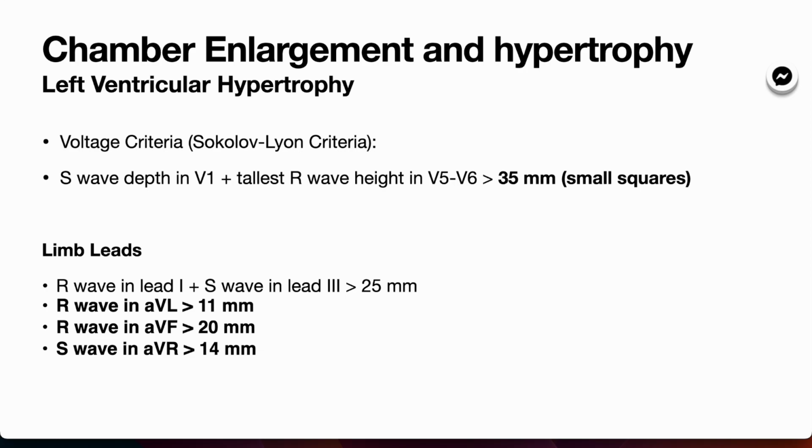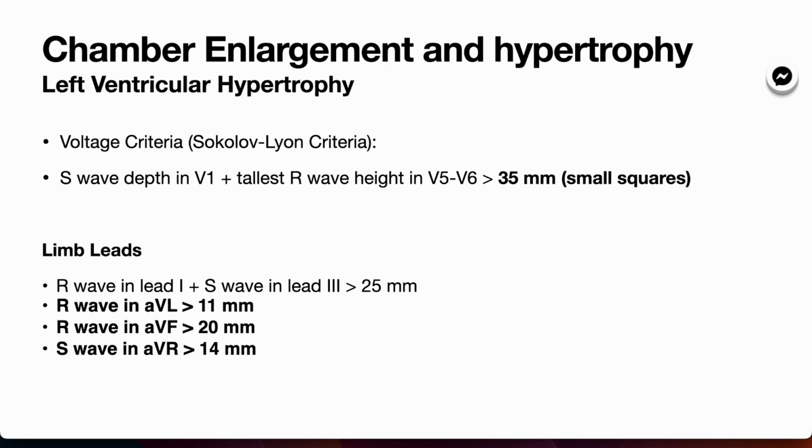So let's now go to chamber enlargement and hypertrophy. We can also detect enlargement of the atrium and thickening of the left or right ventricles through ECGs.